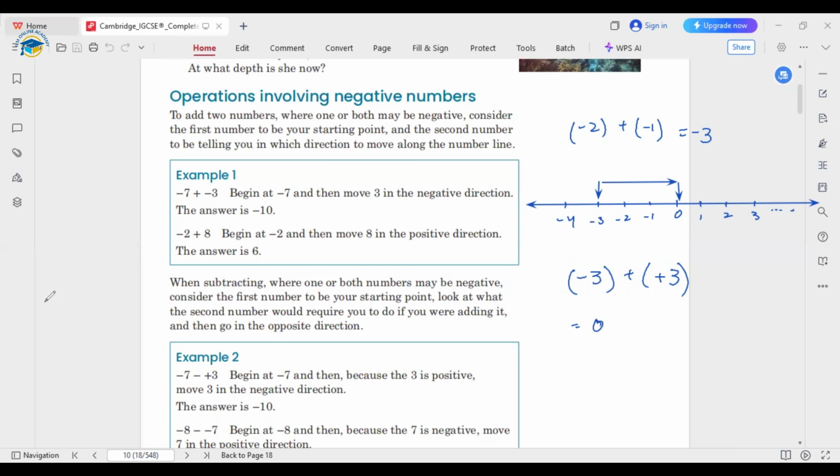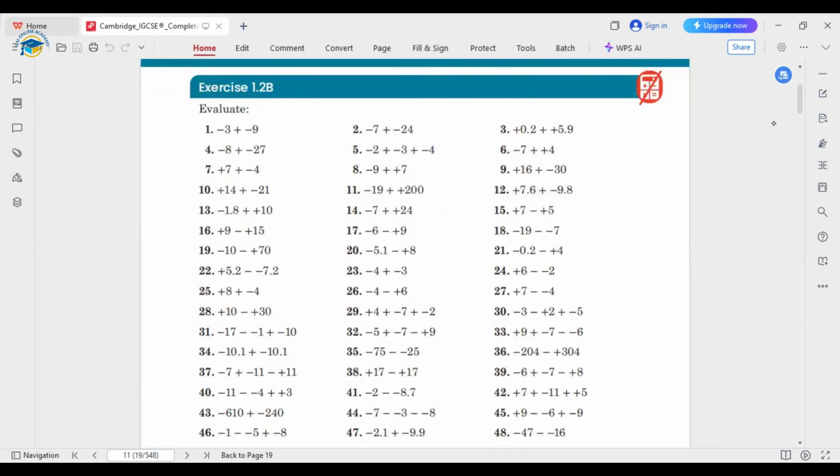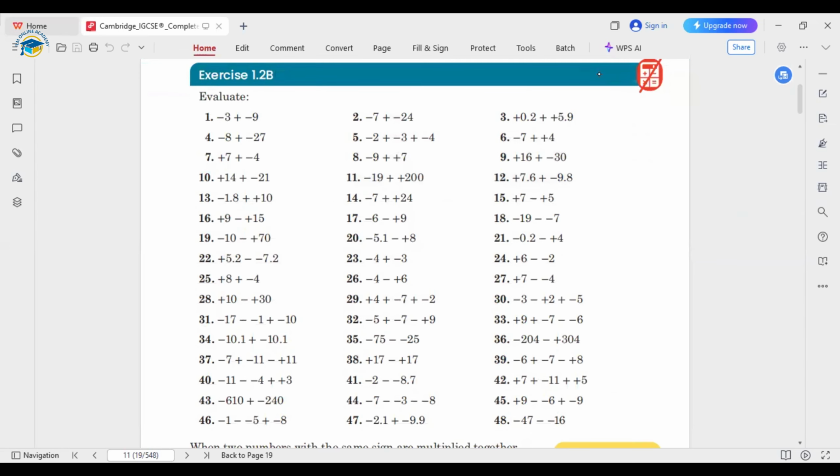Otherwise, we can evaluate directly. If you want to evaluate these directly, you need to learn some rules. If we have a positive sign or negative sign, they are basically called like signs. For like signs, when we either add or subtract them, we are going to have the similar sign.